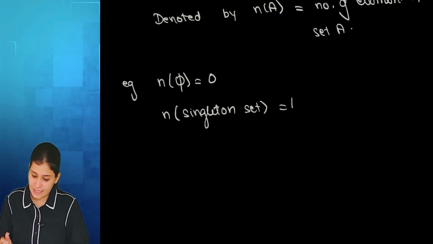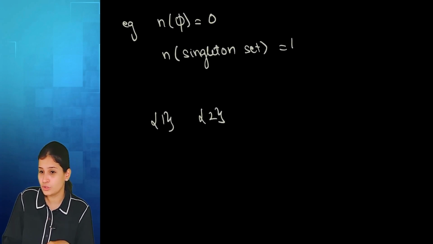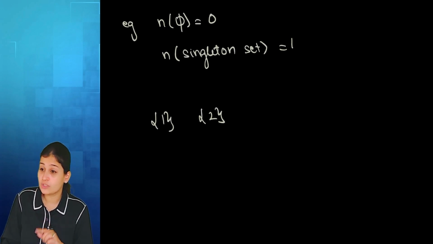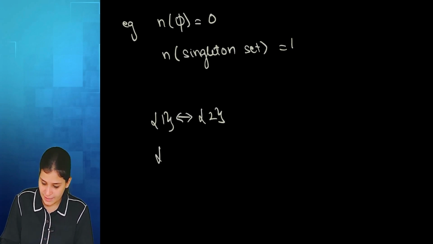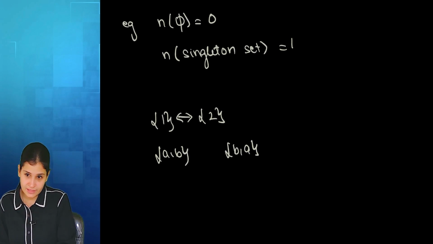For example, singleton 1 and singleton 2. Are they equal? No. But their cardinality is the same, one element each. So they are equivalent, and we write this symbol. Now take {A, B} and {B, A}. Number of elements in both cases is 2, so they are equivalent. Are they equal also? Yes, the elements are the same.